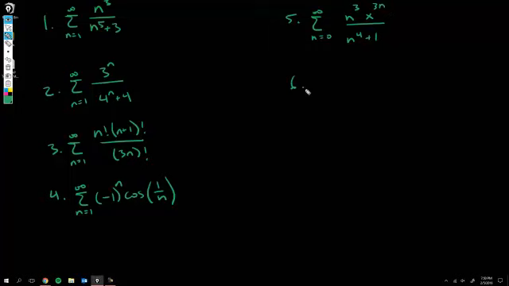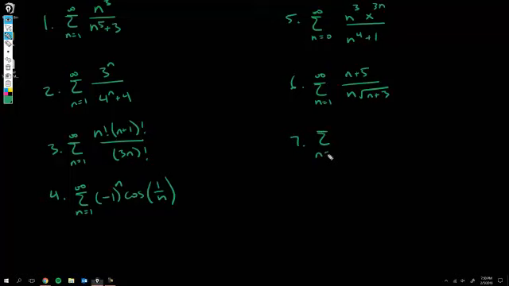Okay, next one is going to be the sum from 1 to infinity of n plus 5 divided by n times the square root of n plus 3. Okay, and then let's do 2 more.